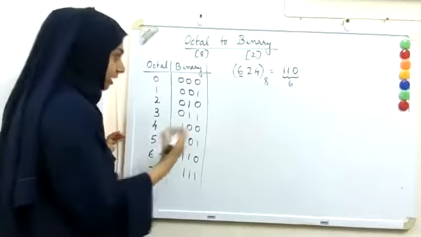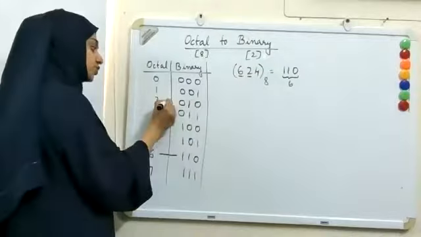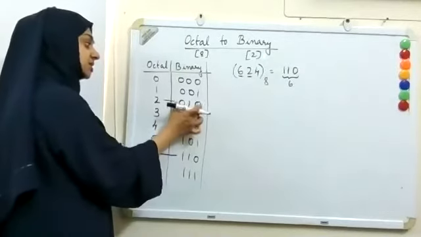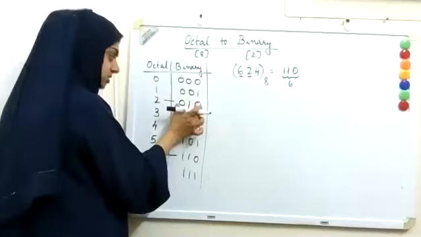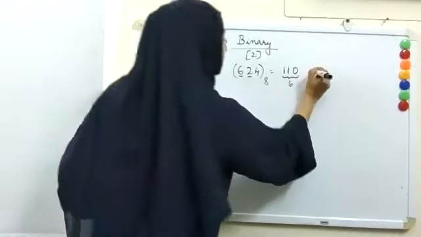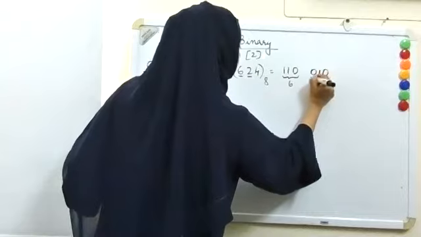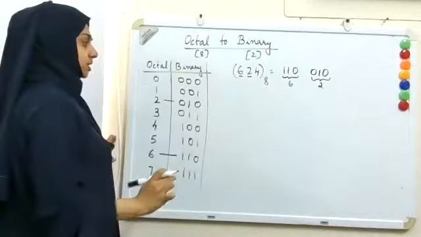Okay, now what is the next digit? 2. What is corresponding to 2? I have to take 3 places. That's for sure. Always take 3 places. And this is the number. So I will take the 0, 1, 0 and I will put it here. This is corresponding to 2 in octal.